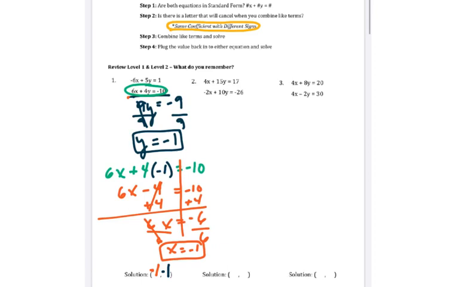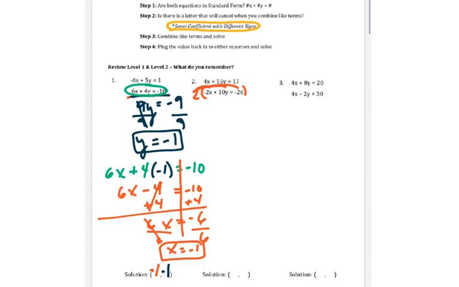Let's look at number 2. In number 2, we do not have a letter that is ready to cancel yet. But if we look at this second equation, I can make this letter cancel with this one if it became a 4. If that said -4x, then these two would cancel. So to turn this into a -4, I need to multiply it by 2.